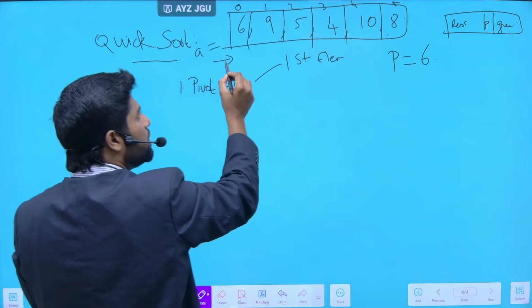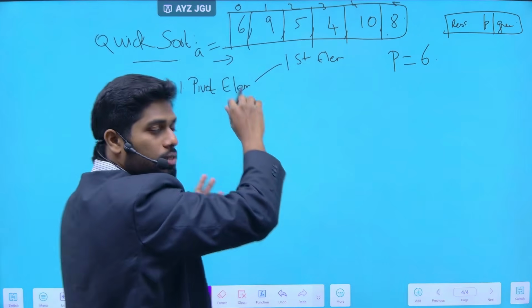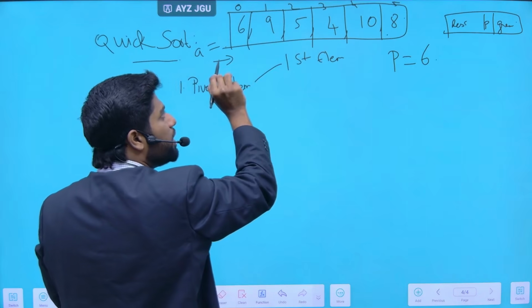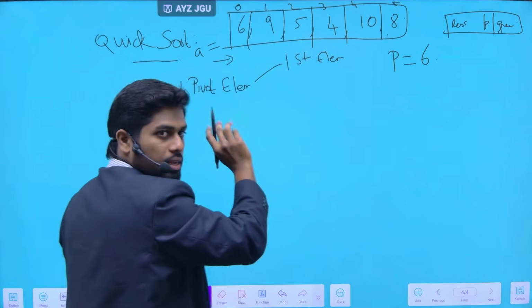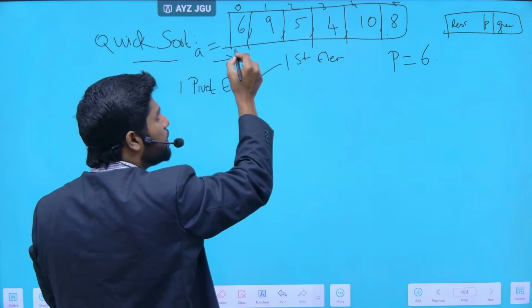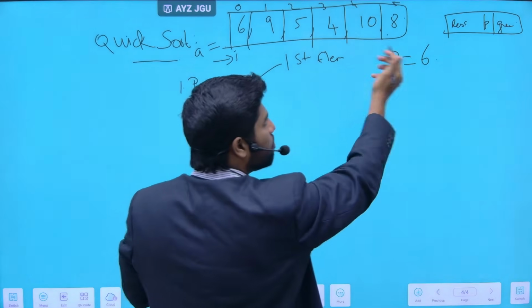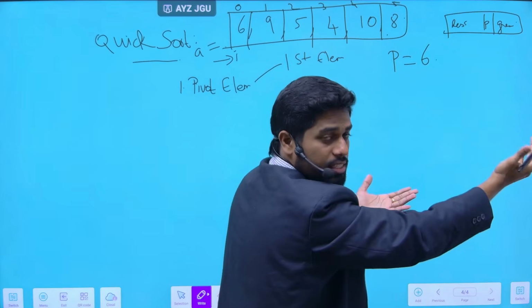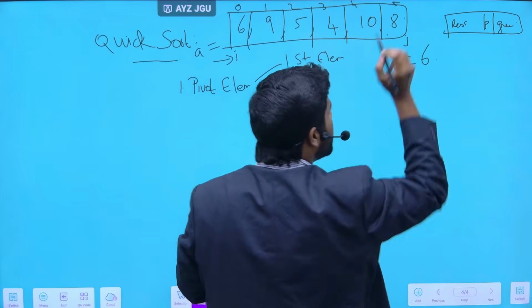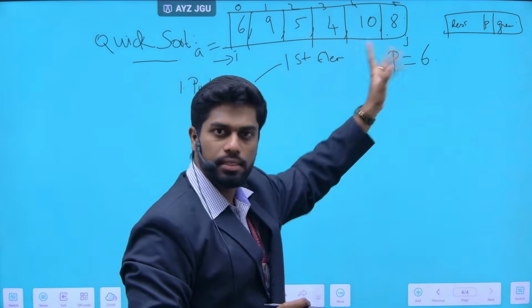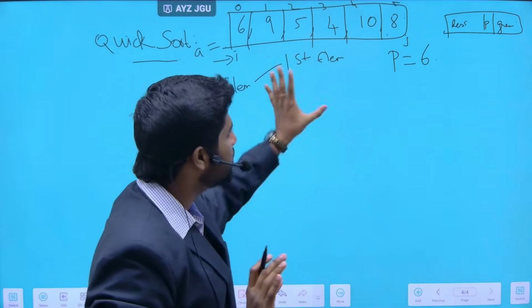When I compare all the elements to the pivot element from this side, it must be smaller, so I need to compare from left to right. That pointer, let it be I. Next, the greater elements from the other side, so let the pointer be J. So I and J pointers I have initialized.